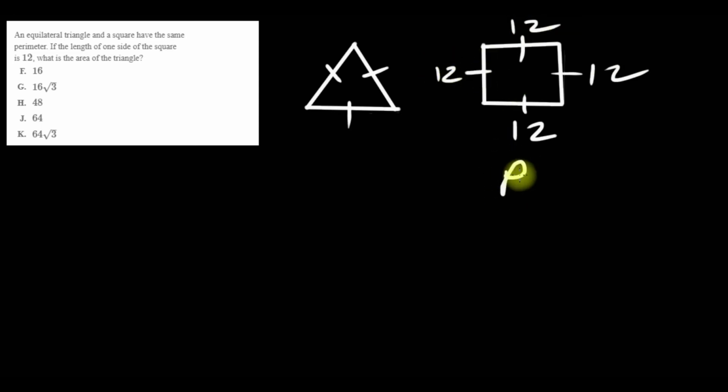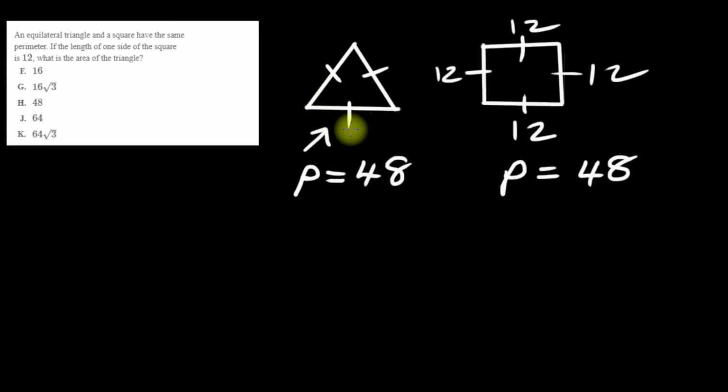So that means the perimeter of the square is 48, because you've got 12 plus 12 plus 12 plus 12. Okay, that is 48. It's also telling us that an equilateral triangle has the same perimeter. So the perimeter for this triangle is 48.